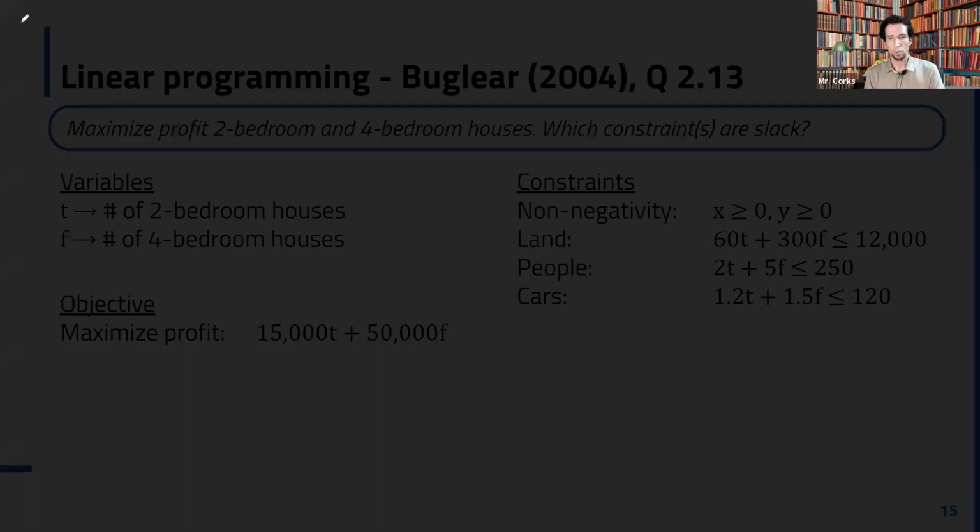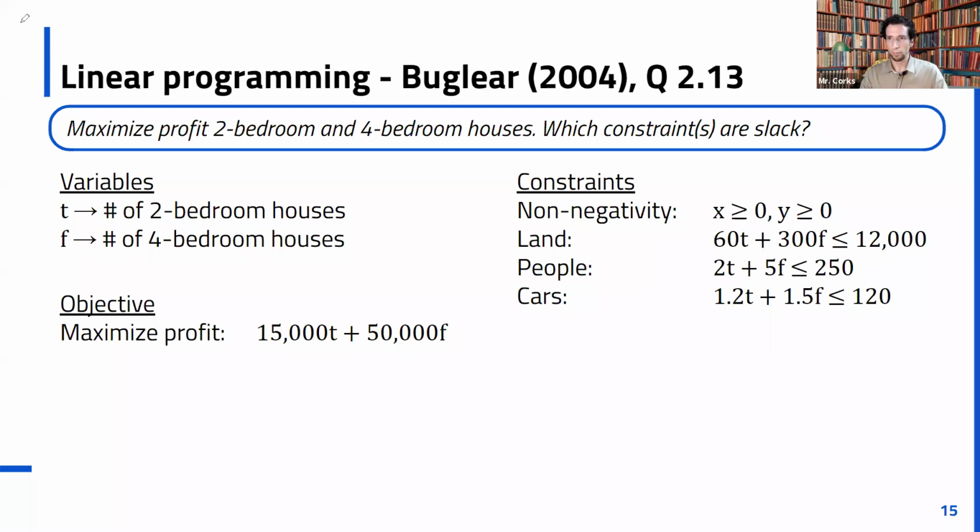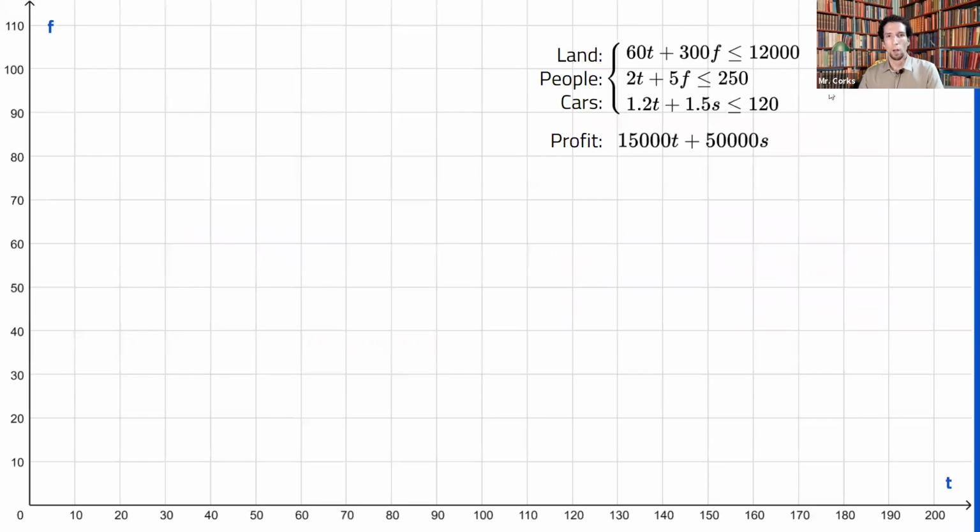All right, so next slide. I have everything here, same information that you gave me. Sorry, non-negativity I wrote as X and Y. That should be T and F, but the rest is T and F here. Okay, so here's a graph, which is very conveniently already made to be the right size that we need.